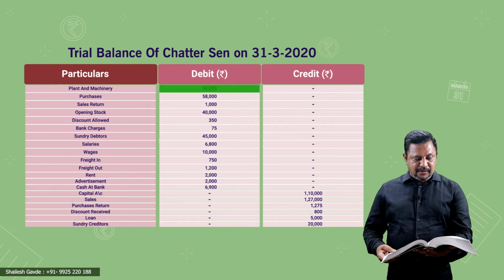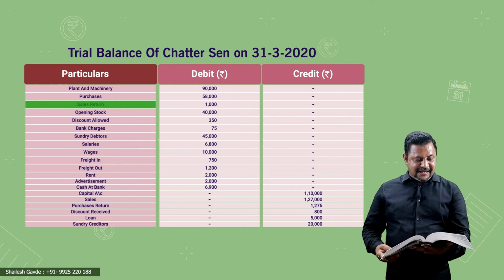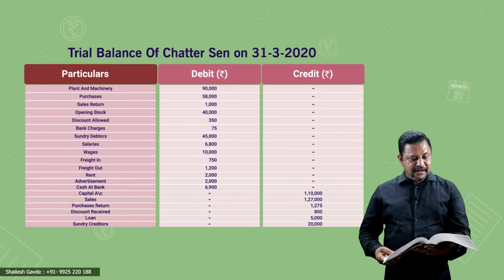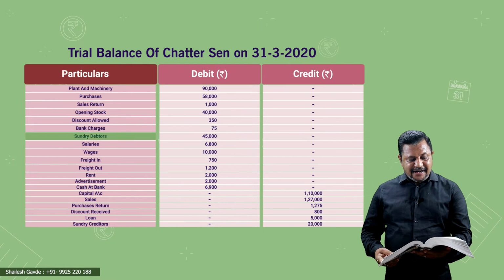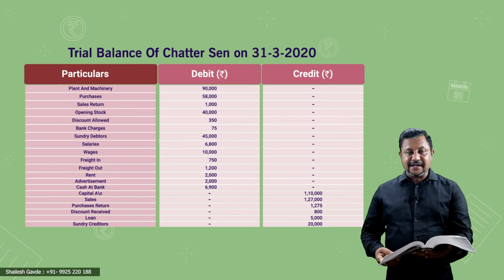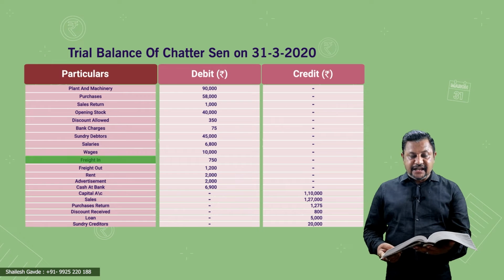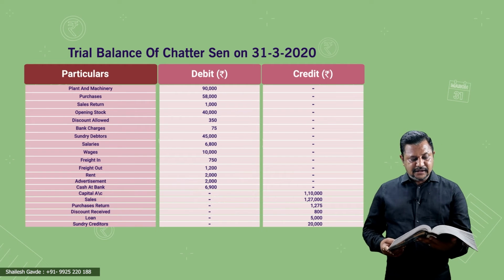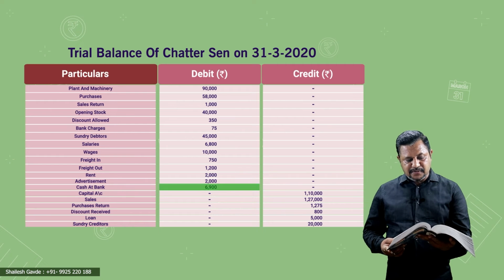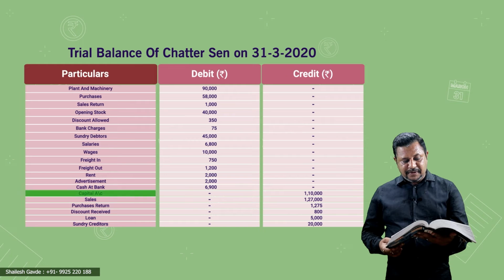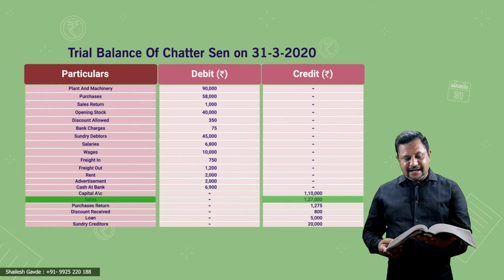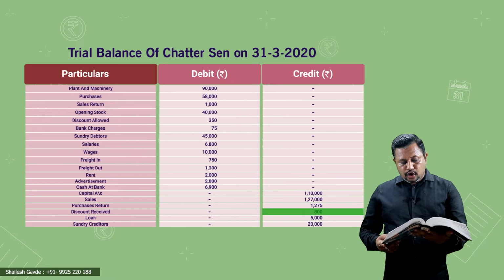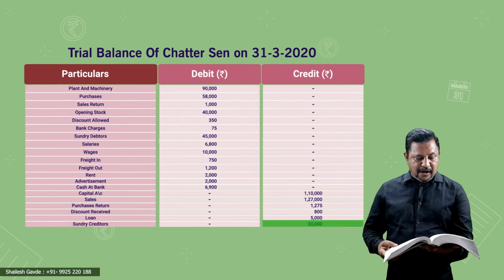Plant and machinery 90,000, purchases 58,000, sales returns 1,000, opening stock 40,000, discount allowed 350, bank charges 75, sundry debtors 45,000, salaries 6,800, wages 10,000, freight in 750, freight out 1,200, rent 2,000, advertisement 2,000, cash at bank 6,900, credit balances: capital account 1,10,000, sales 1,27,000, purchase returns 1,275, discount received 800, loan 5,000, creditors 20,000.